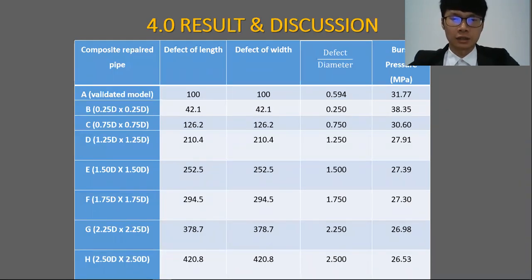The largest combination of defect length and width is 420.8 millimeter defect length times 420.8 millimeter defect width, with the smallest burst pressure of 26.57 megapascal. The results show that when the combination of defect length and width is getting larger, the burst pressure of the composite repair pipe is getting smaller.